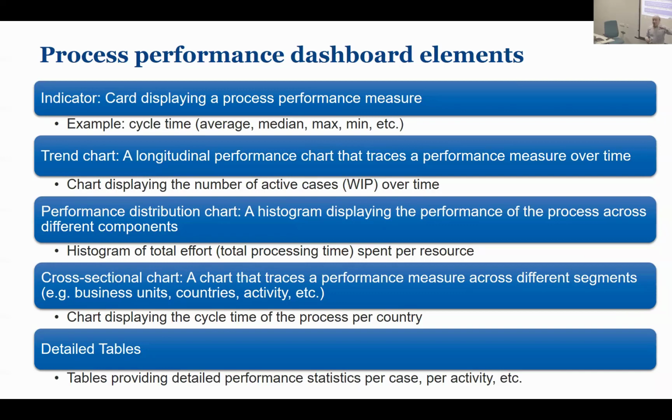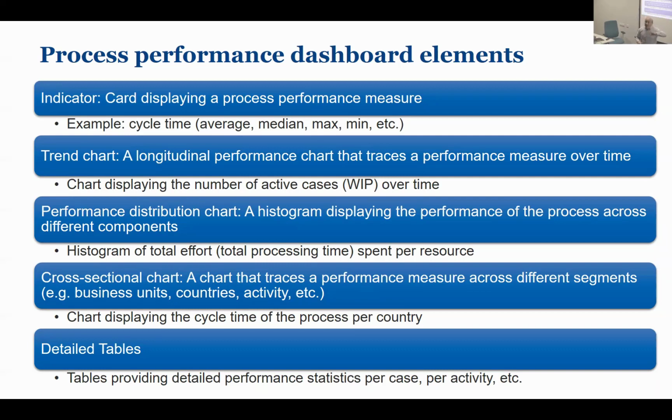Trend charts are charts where the x-axis is the time. So, for example, January, February, March, April, May, or week 1, week 2, week 3, week 4, or 1st of February, 2nd of February, 3rd of February. So the x-axis denotes dates or months or weeks.